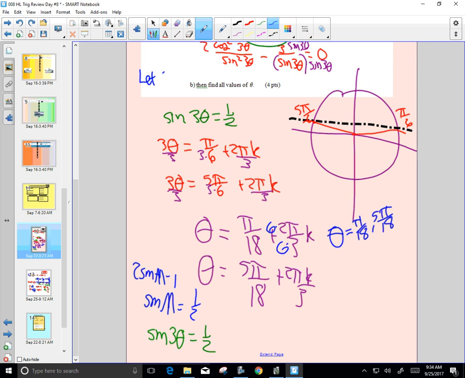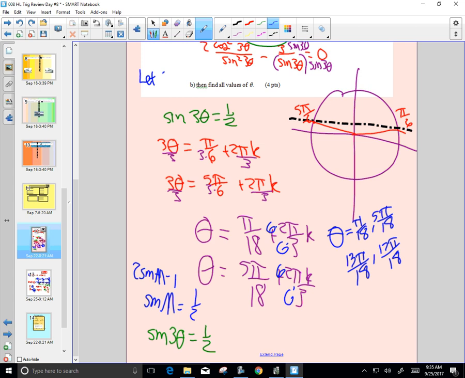Now the next one is going to be, let's see, 12 pi over 18 plus 1 pi over 18 is how many pi over 18? 13 pi over 18. Am I going too fast? All right. And then this one's going to also be 5 pi plus 12. 5 and 12, 17 pi over 18. And then you need to wrap it around again.